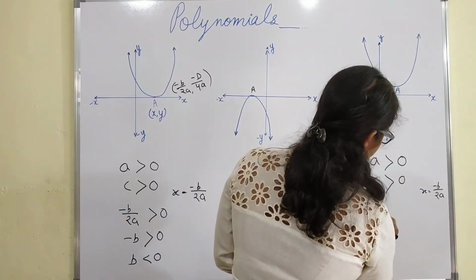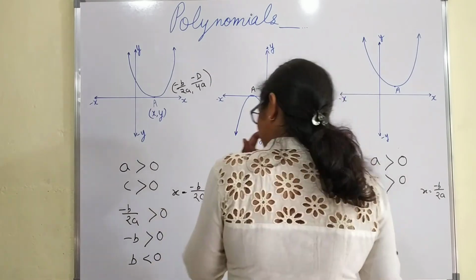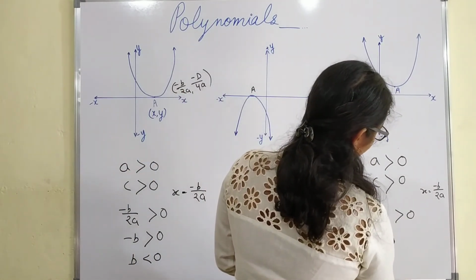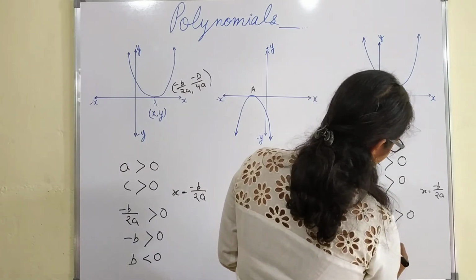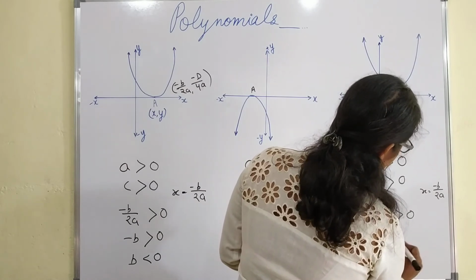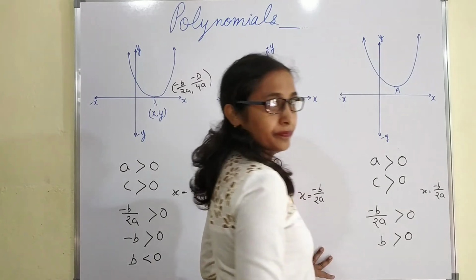So minus b upon 2a is greater than 0. Minus minus will be cancelled, so value of b is greater than 0.